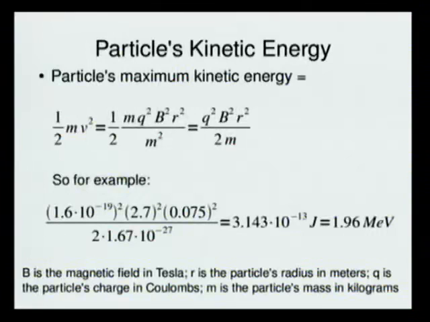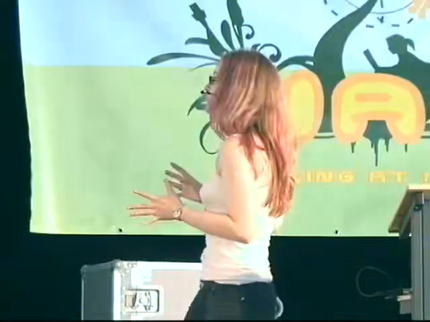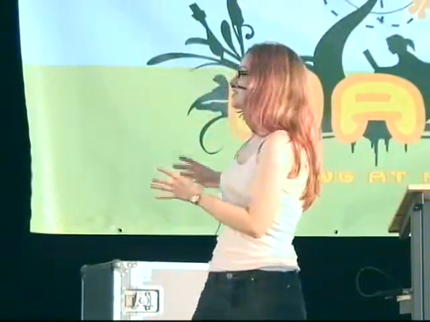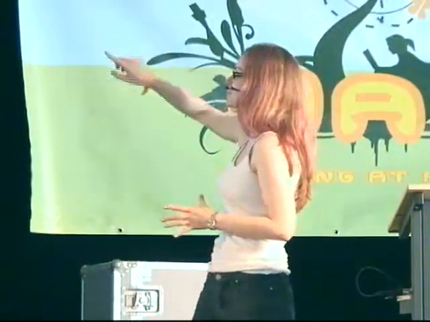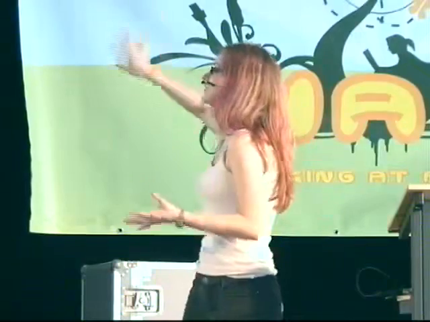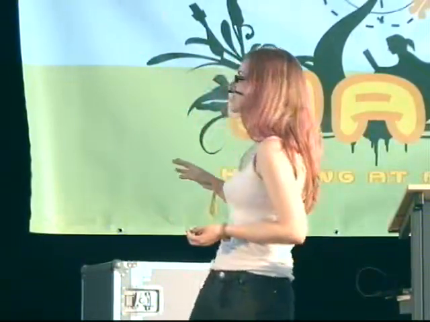Now, okay, kinetic energy. So this is what I was talking about earlier with the 1 to 5 MeV. I'm not sure if this is review for anyone, but the kinetic energy of a particle is 1/2 mv squared. You know what v is because that was what I put on the top of the last 5 slides or so. Substitute that in, you get q squared, b squared, r squared over 2m.